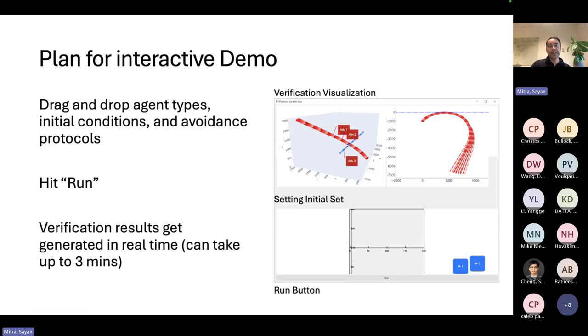What I mean by that is generating the full verification result of a scenario like this can take quite a bit of time. It can take more than 5 minutes or so in some cases. But that may not work so well for an interactive demo. People will get impatient. So we try to restrict it so that the runs are within 3 minutes. And we are going to make an improvement to the plotting function in the tool so that even before the full computation finishes, the results are going to appear instantaneously.